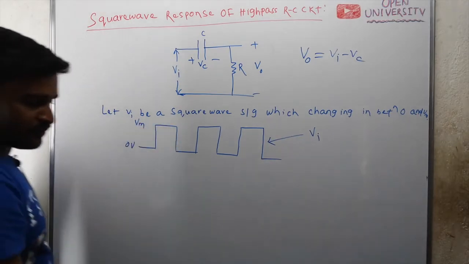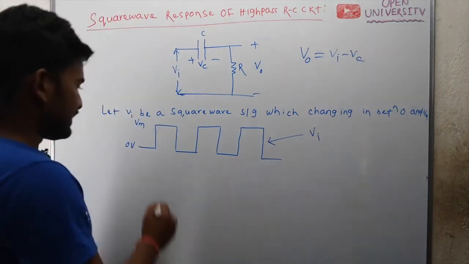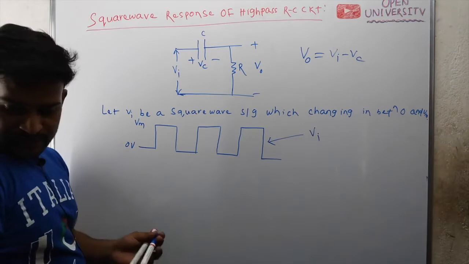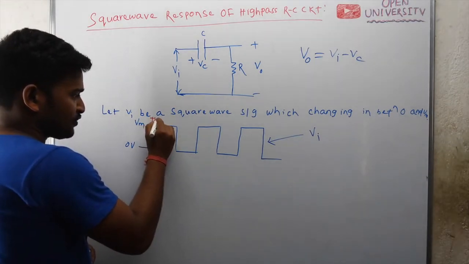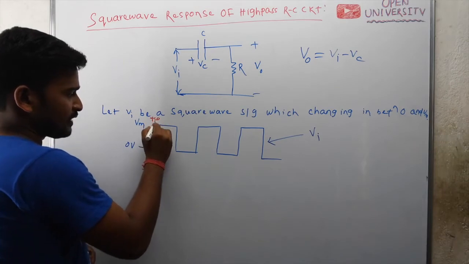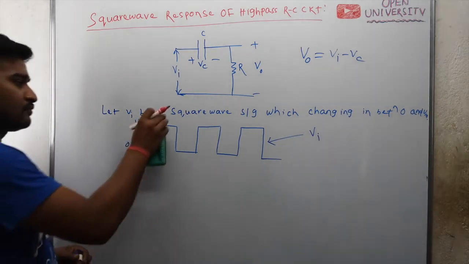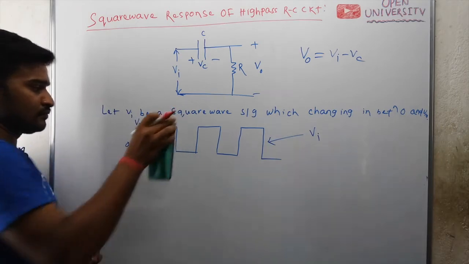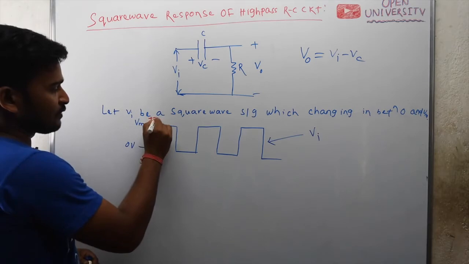The maximum value of voltage is Vm. Let this point be t equal to 0.